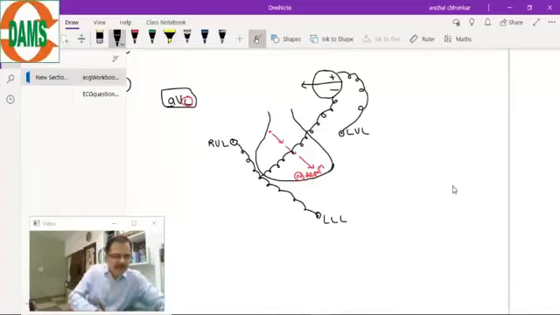Now I will make the vector line of the AVL. The arrowhead will be towards the left upper limb and the tail will be perpendicular to the right upper limb and left lower leg. This is the vector line of AVL.